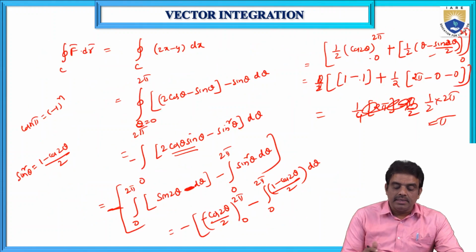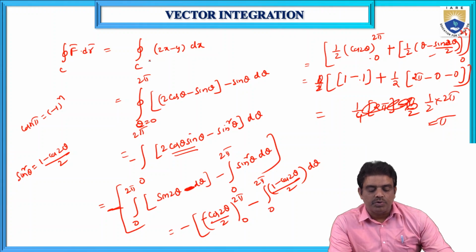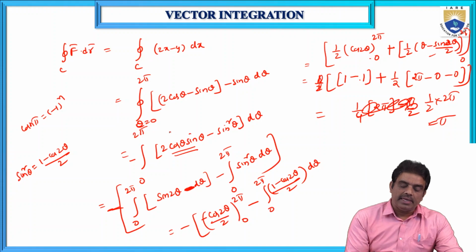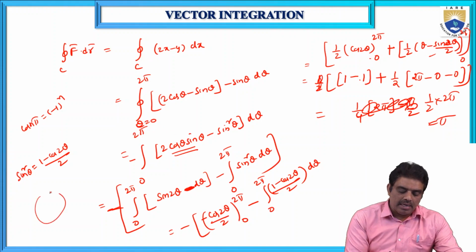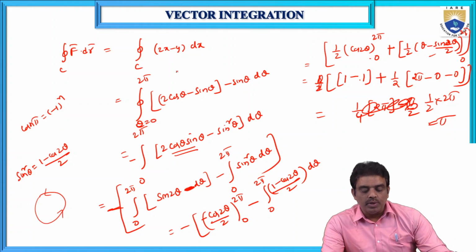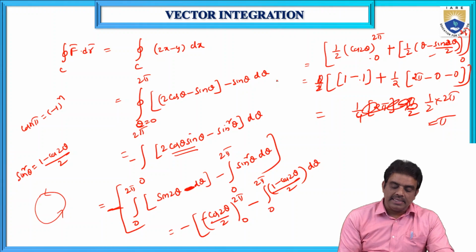So on replacing, this is the integral of f bar dot dr bar, 2x minus y dx over the closed curve C. But the theta limits here are 0 to 2 pi, because for the circle theta varies from 0 to 2 pi. So 2x means r cos theta and y is r sin theta, but r is 1. So 2 cos theta minus sin theta, and dx is minus sin theta d theta.